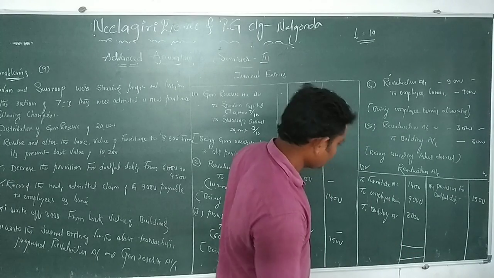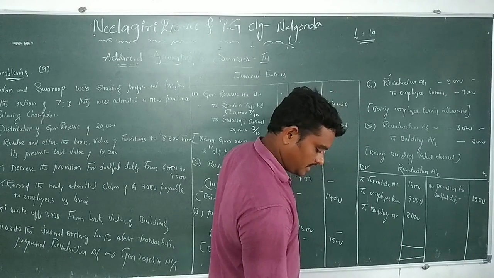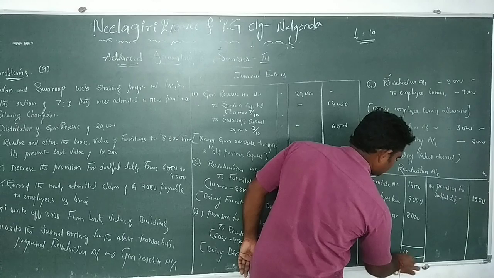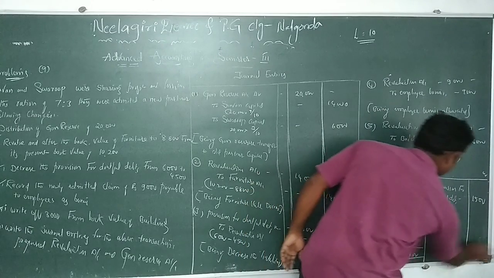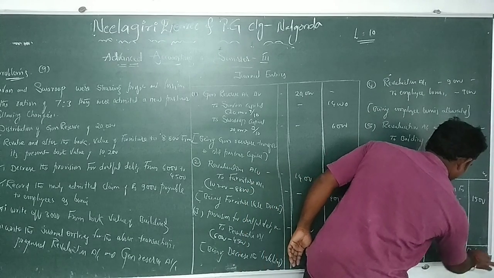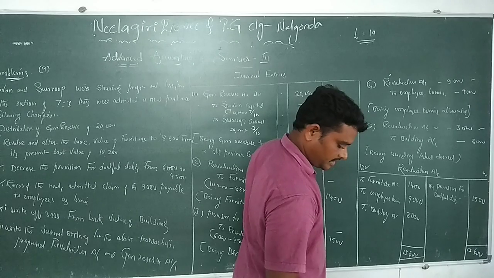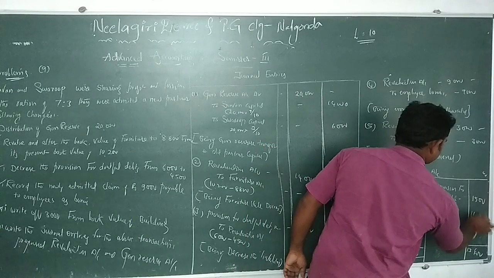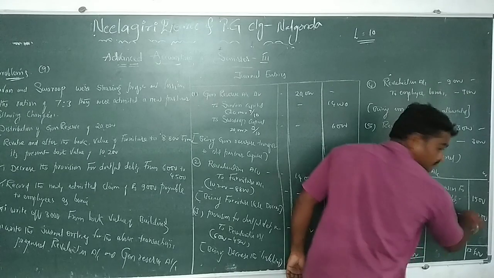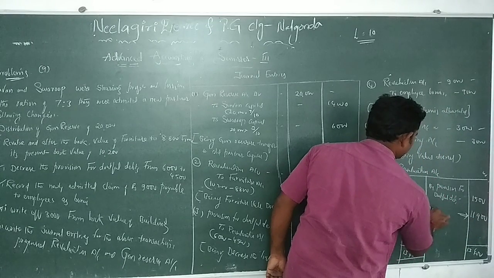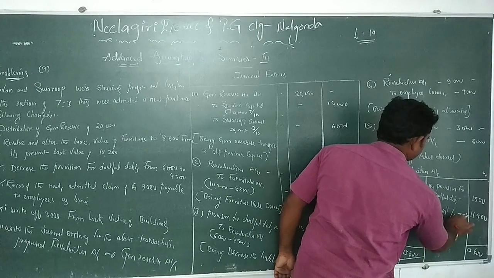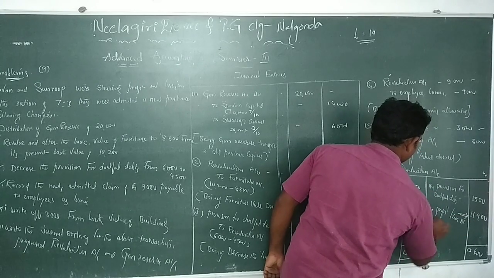Here 9,000 plus 1,400 plus 3,000 is 13,400, minus 1,500 is 11,900, and the loss goes to the profit and loss account.